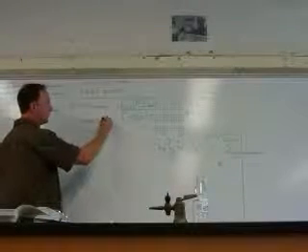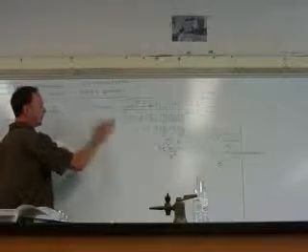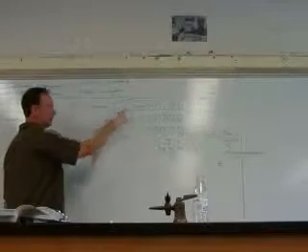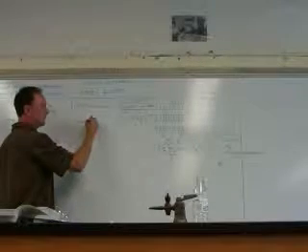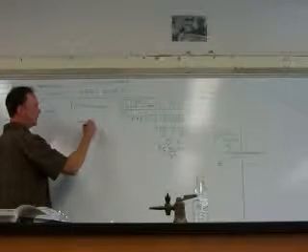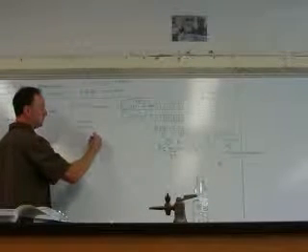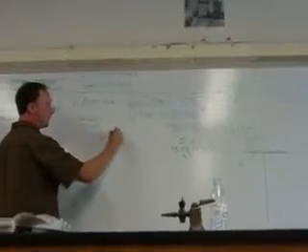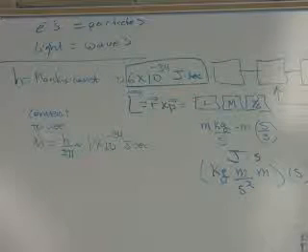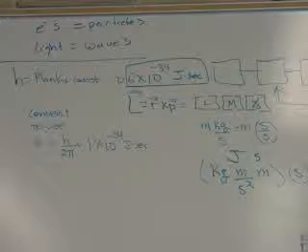Let me get it correct. h is Planck's constant, equal to this number, but it's very convenient to use h bar, which is just h over 2 pi, which is about 1 times 10 to the minus 34. It's just convenient to use in a lot of places.